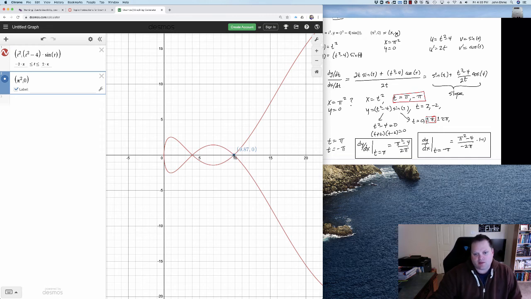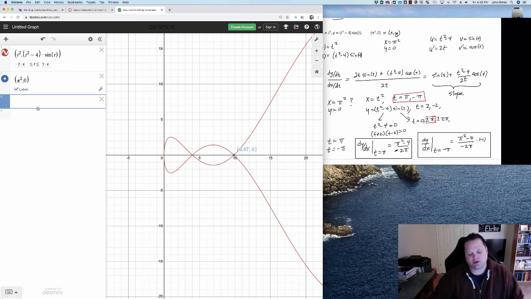You can see here, one time I'm passing through the point going up, and the other time I pass through the point, I'm going either down or to the left, right? So I've got a negative slope in this direction and a positive slope in this direction. We know by virtue of the fact that we've done this that this one is the negative slope, because cosine of pi is -1, so I have the negative slope at time pi, and I have the positive slope at time negative pi.